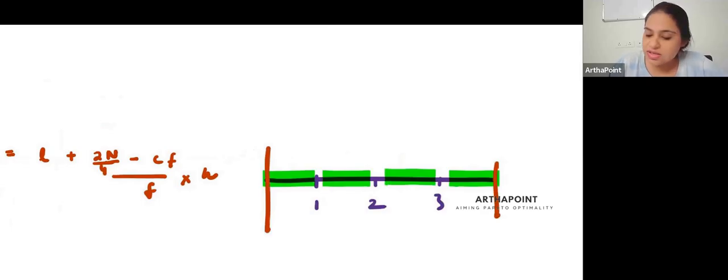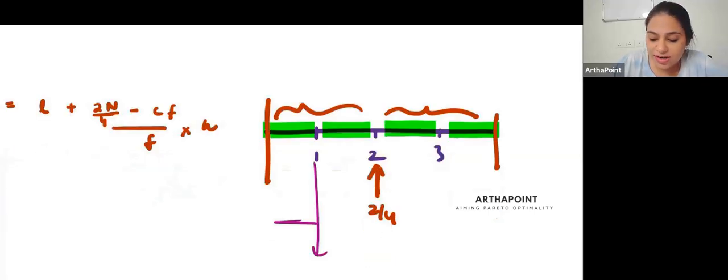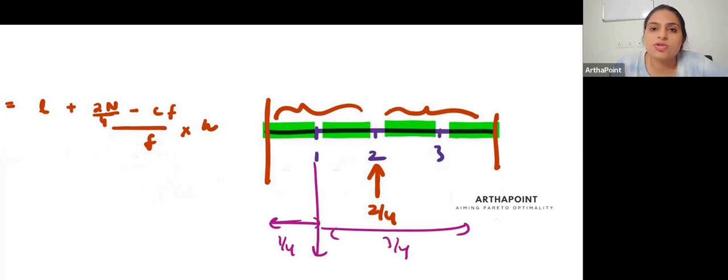And median is exactly half of the data set. So it is 2 by 4, 2 portions here and 2 portions here. Then quartile 1 would be where 1/4 is here and 3/4 is here, which means I divide my data set such that I take the first 1/4 of the observations.